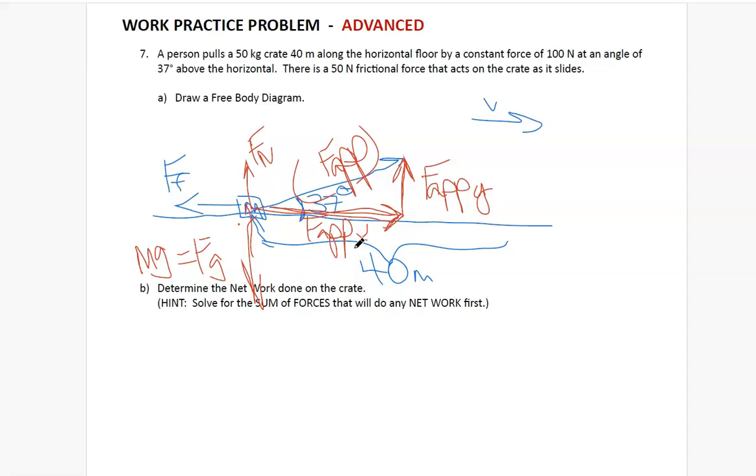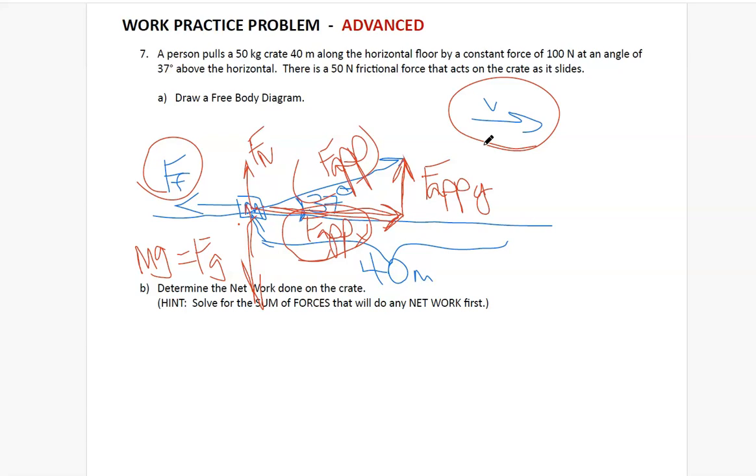You have the friction that you were told about in the problem, but you also have the forward pointing applied force in the horizontal direction, the horizontal component of the applied force, this value down here. So the movement is in the horizontal direction, specifically to the right, but any horizontal force or force component has to be considered when you're looking at how much work is done in a situation.